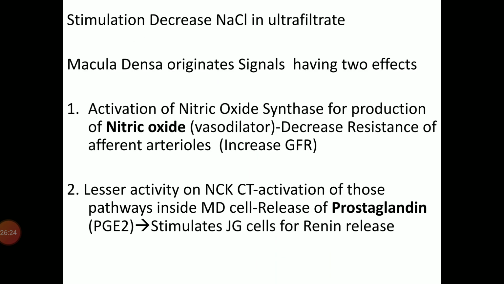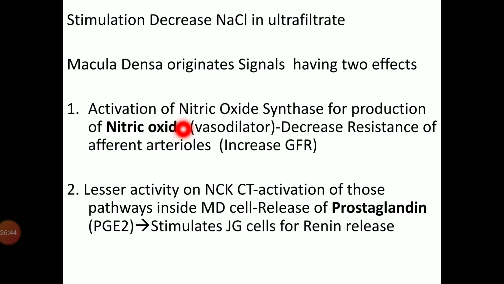The other thing is that the decrease in the sodium chloride load in the ultrafiltrate is also helping the macula densa cell. In this condition, the macula densa cell also gives a signal to cause the activation of nitric oxide synthase for the production of nitric oxide.